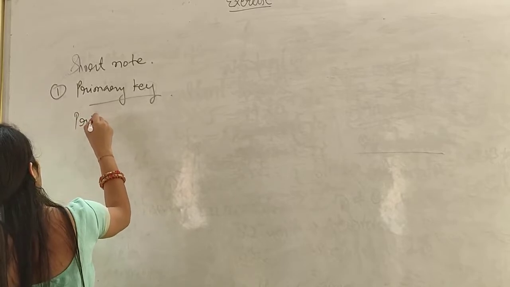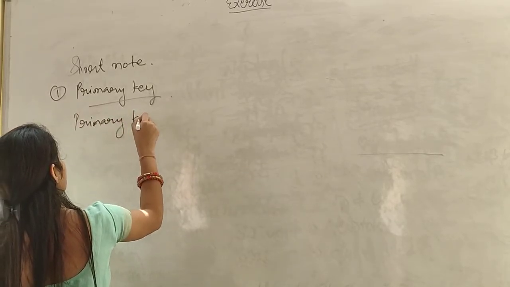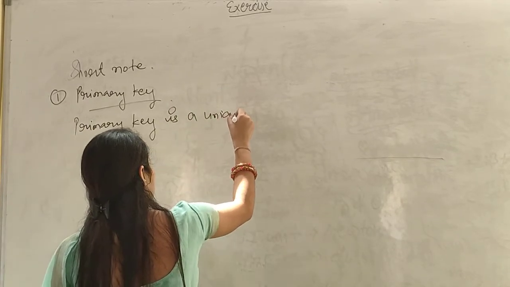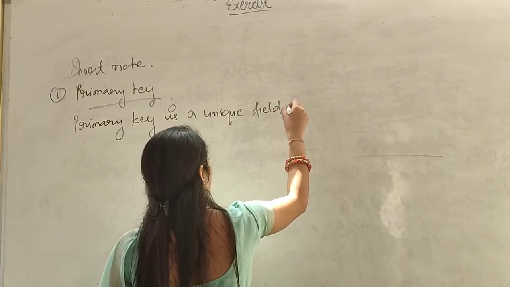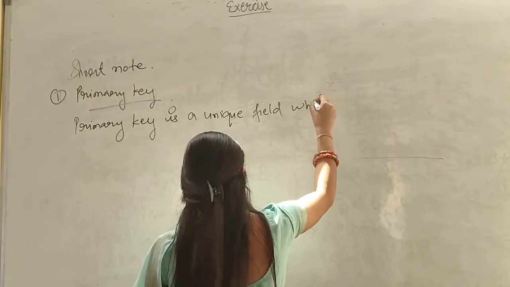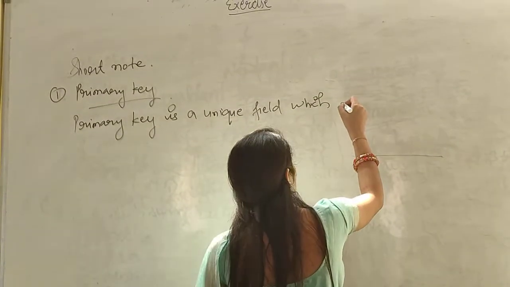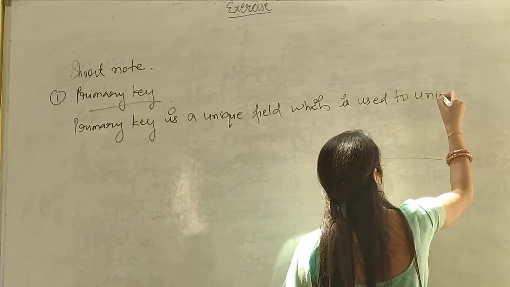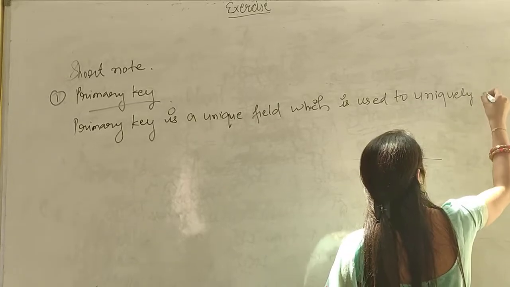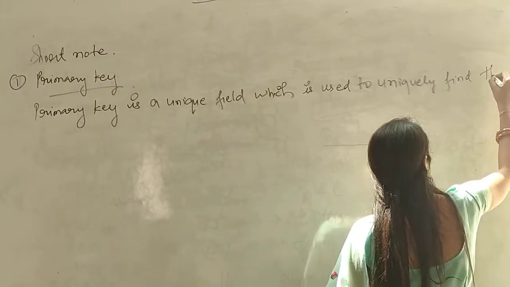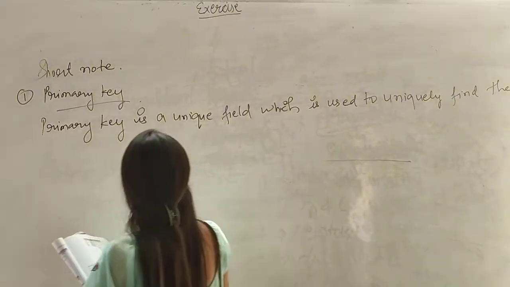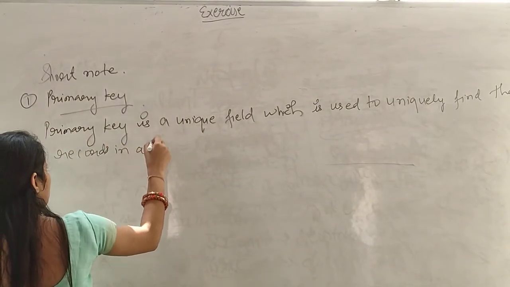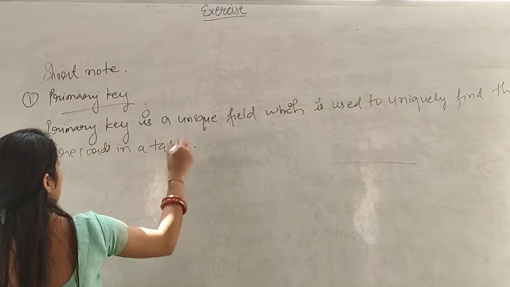Primary key is a unique field which is used to uniquely find the records in a table.